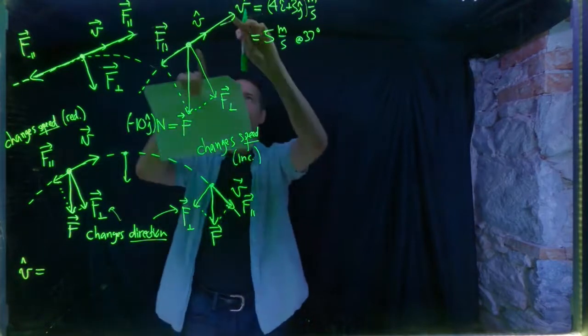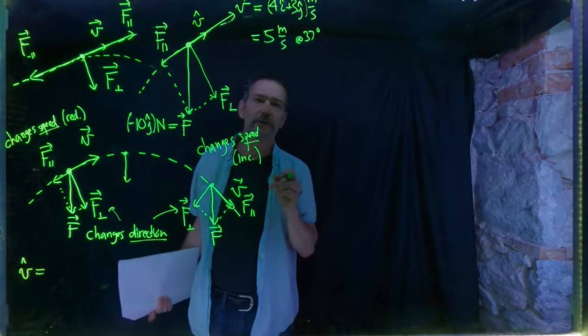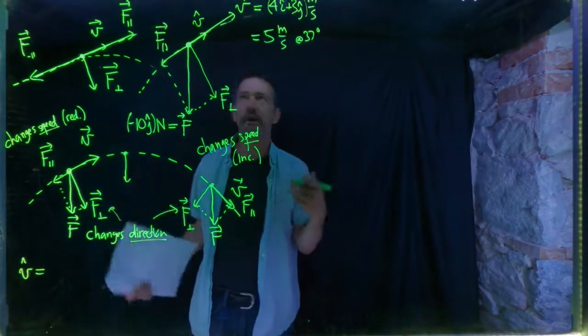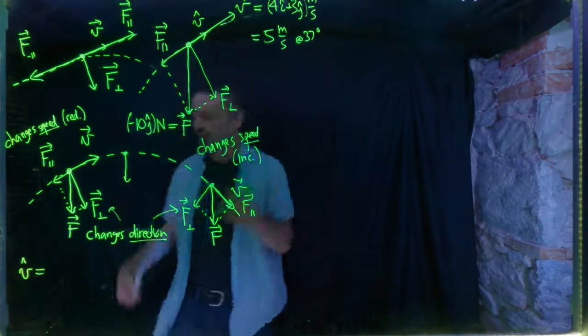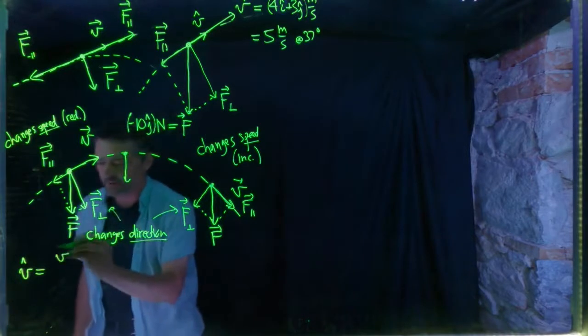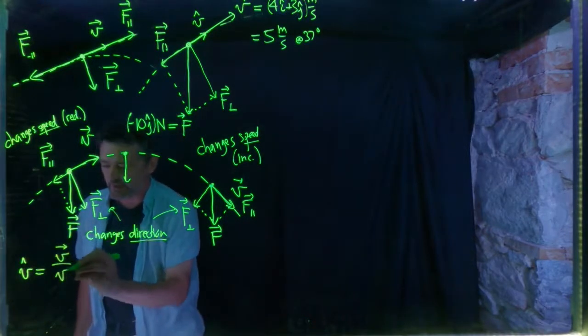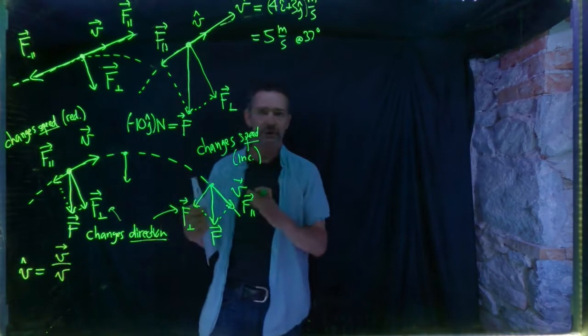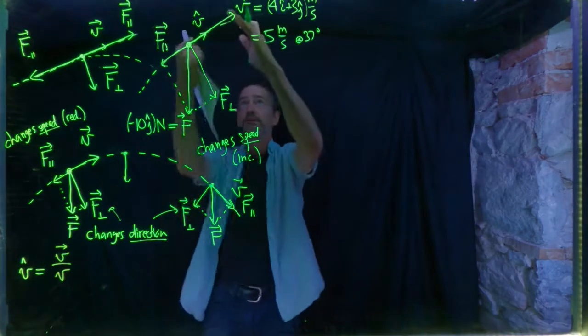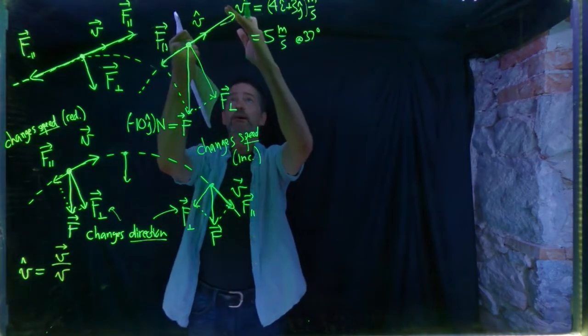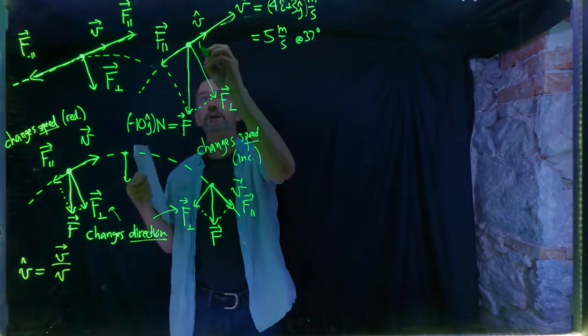You can take a vector and multiply or divide by a scalar quantity and you'll end up with a vector. So we start with the full vector v and we simply divide by the magnitude of v, its length. If you take a vector and divide by its length, you're going to end up with a vector of length 1.